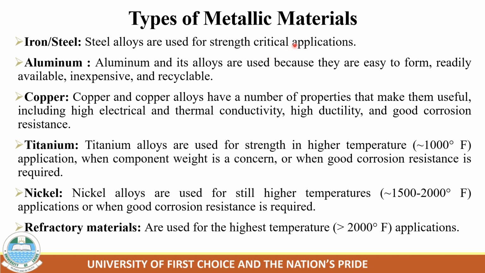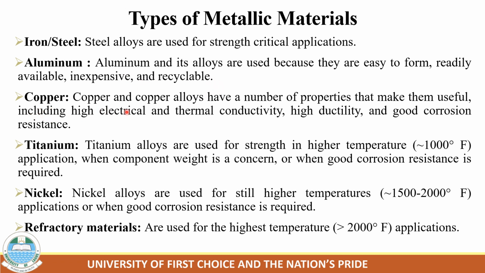And the types of metallic material, these are all the metallic materials that we have. From the iron and steel, we have steel alloy that is used for strength-critical applications. Aluminum alloys are used because they are easy to form, readily available, inexpensive as well, and recyclable.